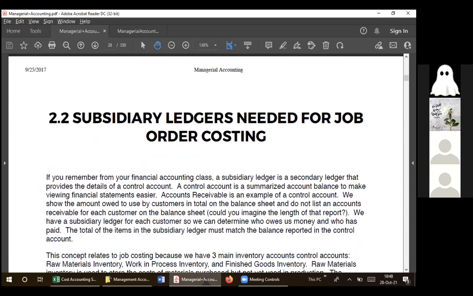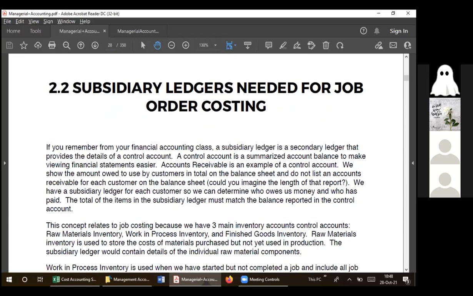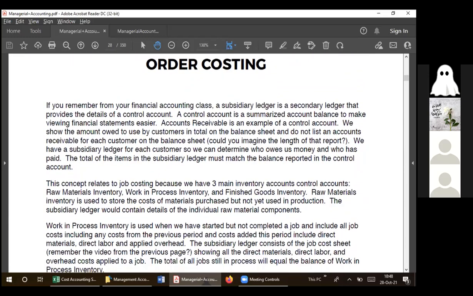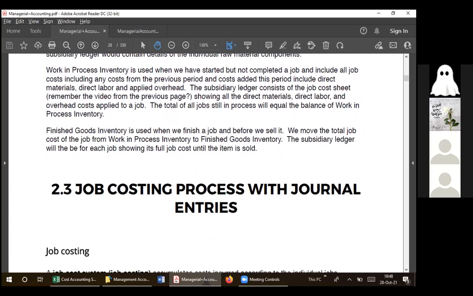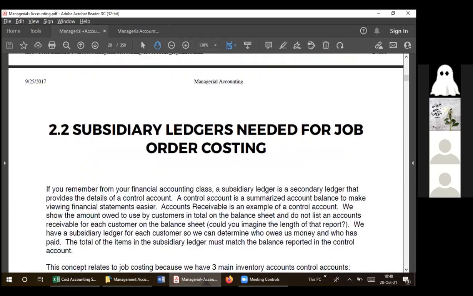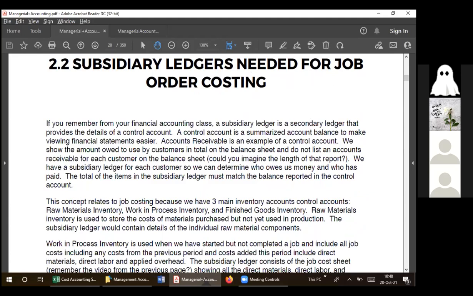So right now we are looking at the job costing system, or job order costing. Now the book goes through journal entries for job costing, which we are not going to look at. They will just confuse the process for you. As they say here, subsidiary ledgers are needed for job order costing.